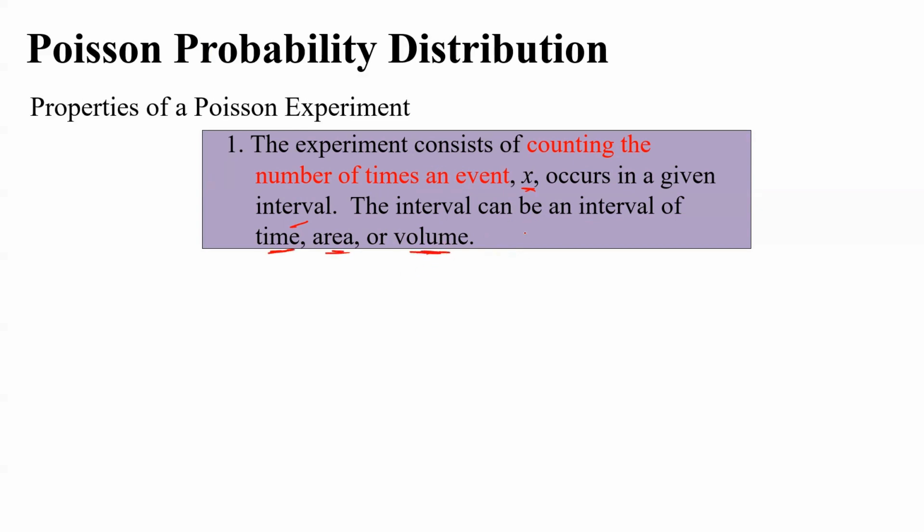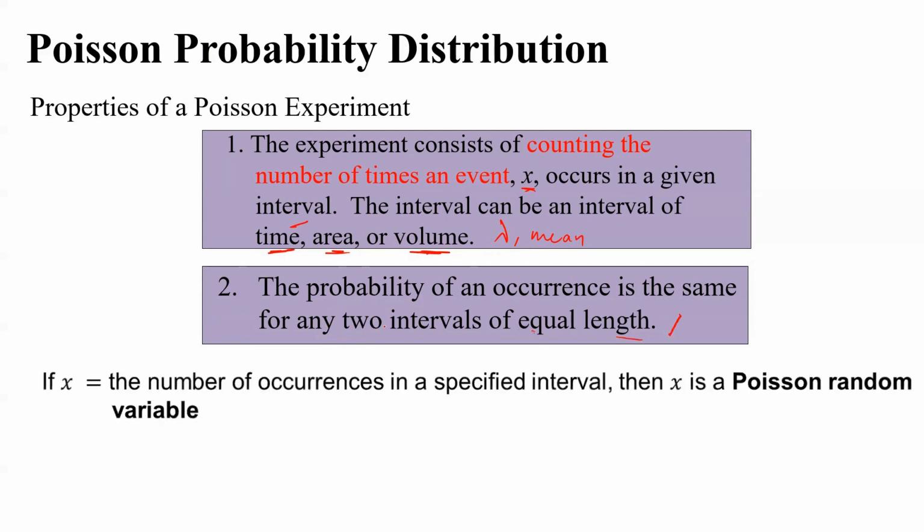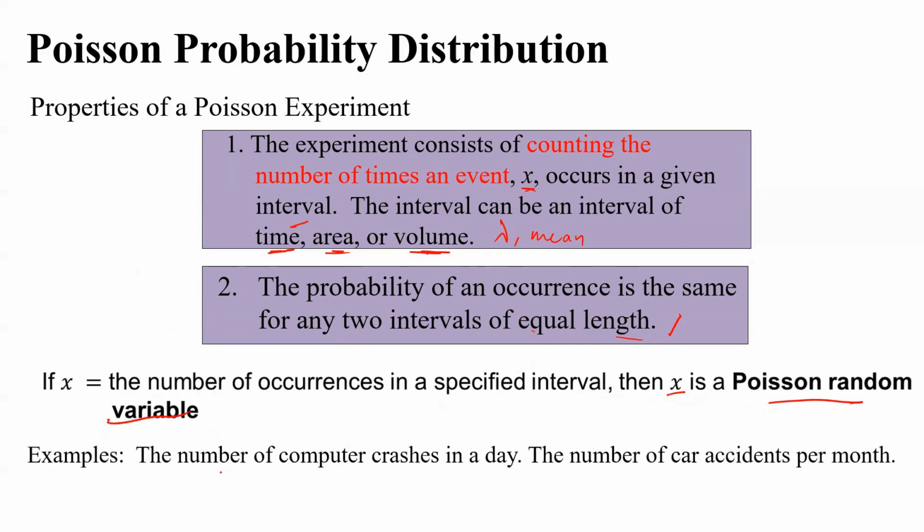We use lambda, which represents the mean value. Remember that. Next, the probability of that occurrence is the same for any two intervals of equal length. Those are the conditions. If x is the number of occurrences in a specified interval, then x is called a Poisson random variable.